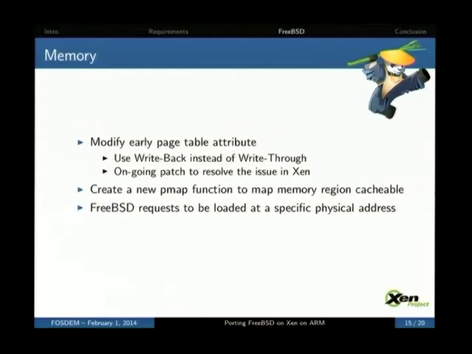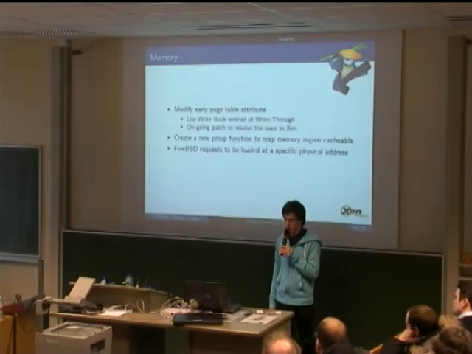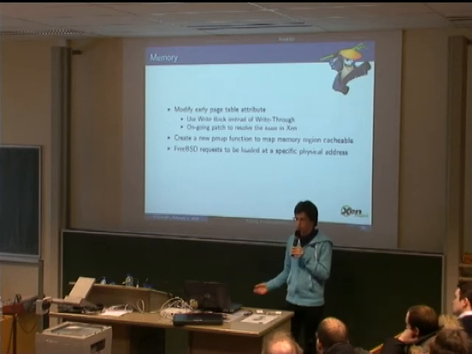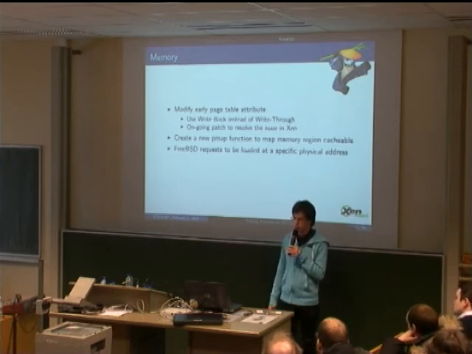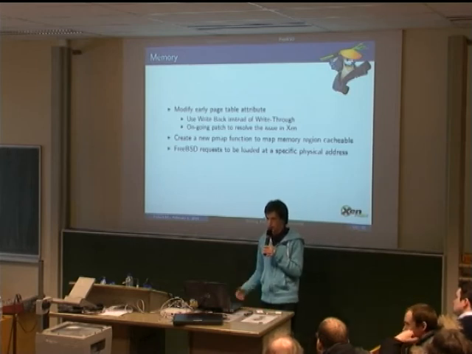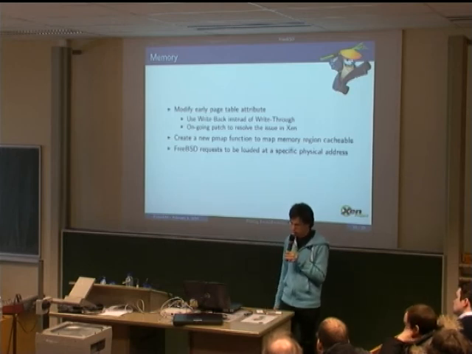If it's not starting at that physical address, FreeBSD won't be able to start. But as I said a few minutes before, with the device tree, the guest should not assume that the memory region is at this address. So I think either FreeBSD should be able to start anywhere in the memory, or we'll have to decide where the memory is in the guest following the FreeBSD requirement.